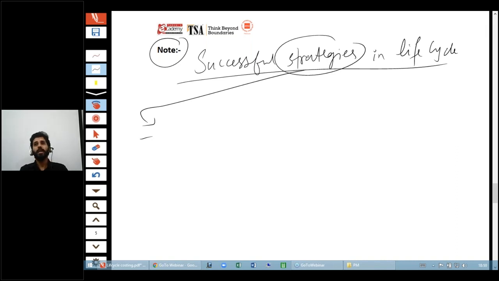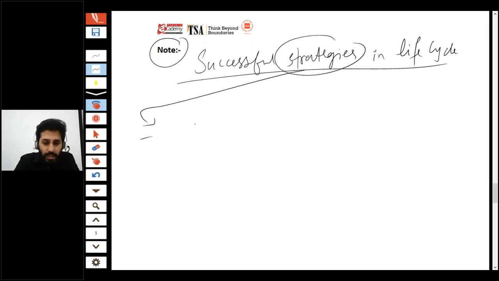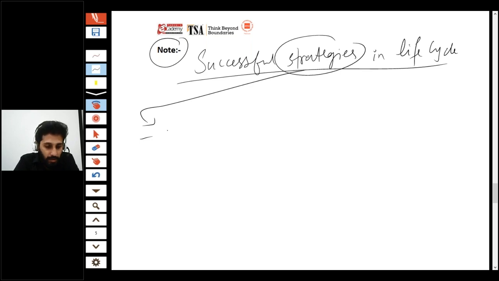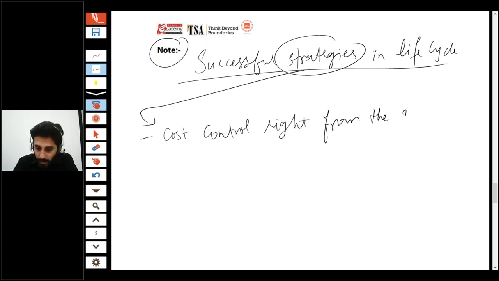And one more important thing: if you are launching the product in one city or one state, you should launch throughout the country, or launch globally, so it will increase the return over the life. So what successful strategy can you bring into the product? Cost control right from the start.